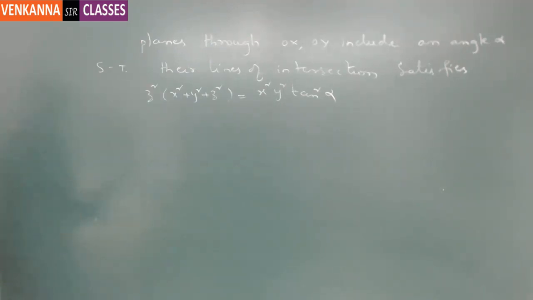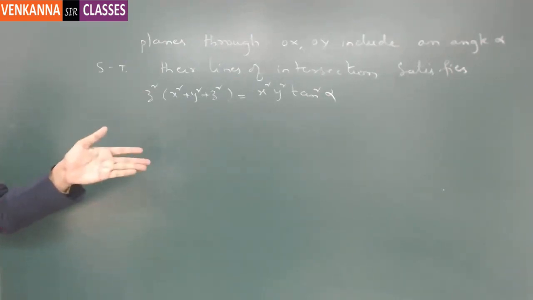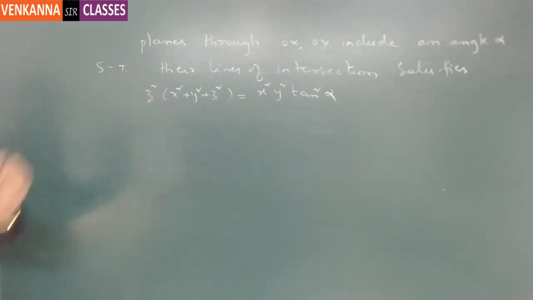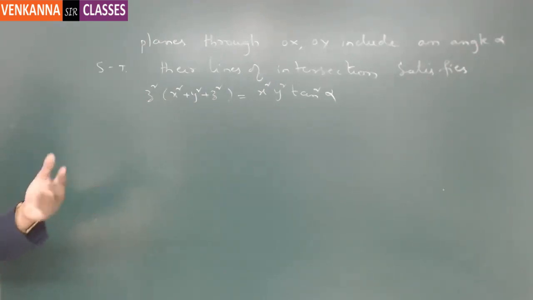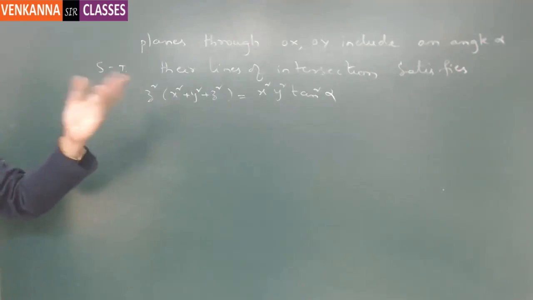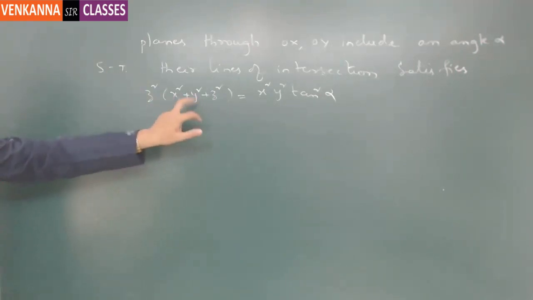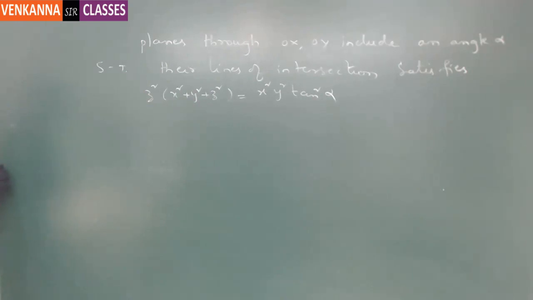The angle is alpha. As we know, only if both planes intersect do we have the angle alpha. The intersection of planes is nothing but a line, so that line satisfies this equation. That was the objective of the question. Fine. Can you visualize that?